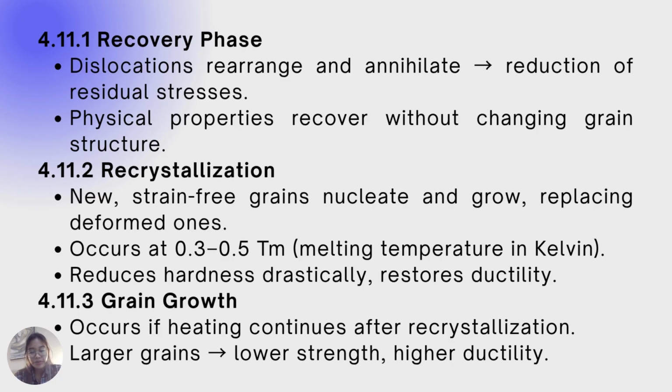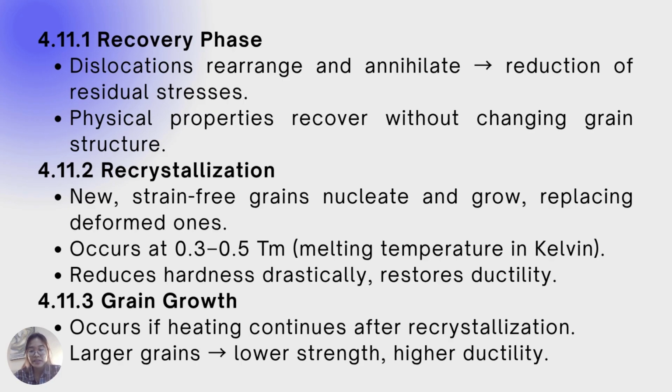Moving on to the recrystallization phase. Recrystallization happens when the temperature is increased above the recrystallization temperature. New strain-free grains form and replace the old deformed grains from cold working.